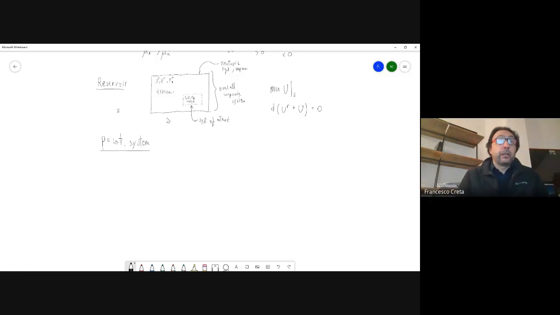How do we do this? Well, we will have to choose wisely our walls around. So I can choose these walls as being, for example, isentropic, impermeable, so that there is no leakage of mass, and flexible.